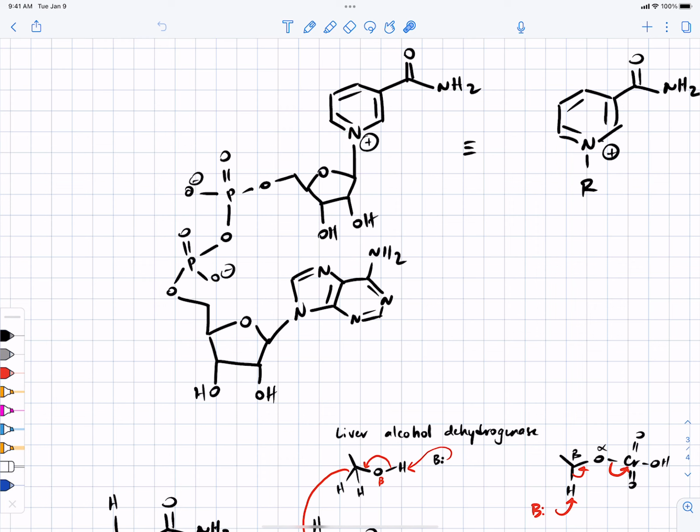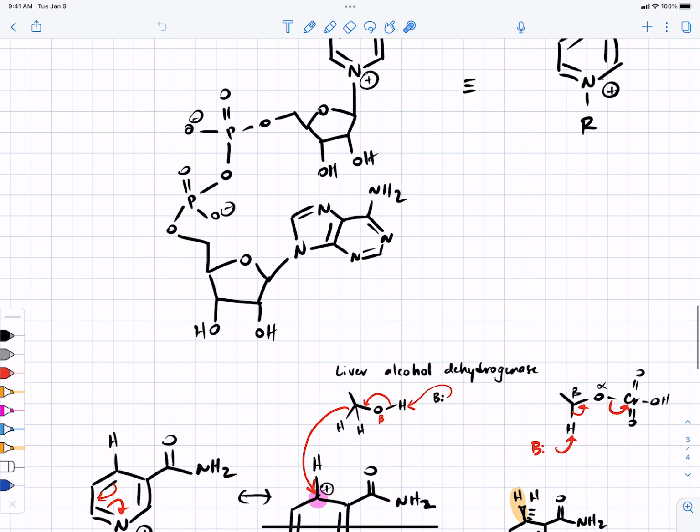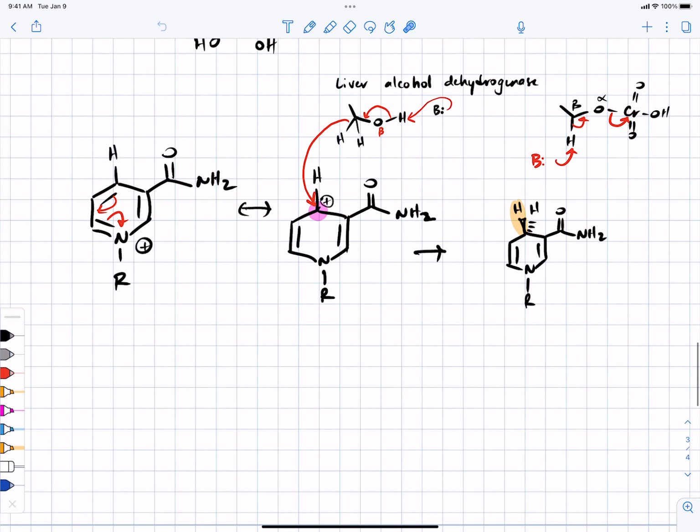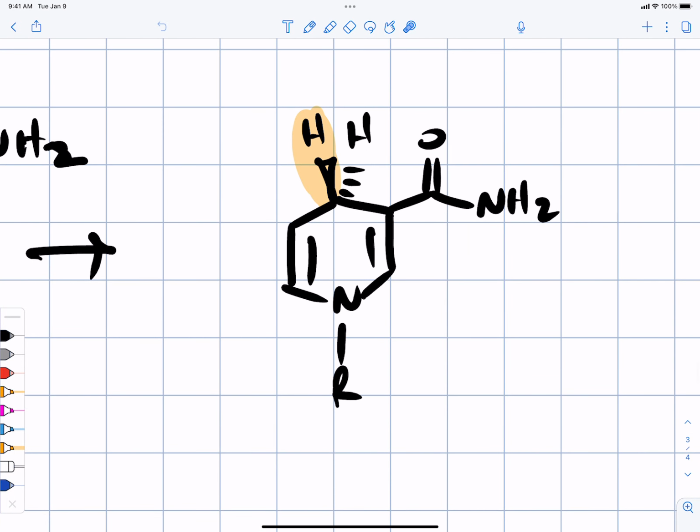They're involved in pi bonds. There's resonance structures where you could switch the position of the pi bonds. But that is broken when you add the hydride to NADH. Now this is no longer fully conjugated.